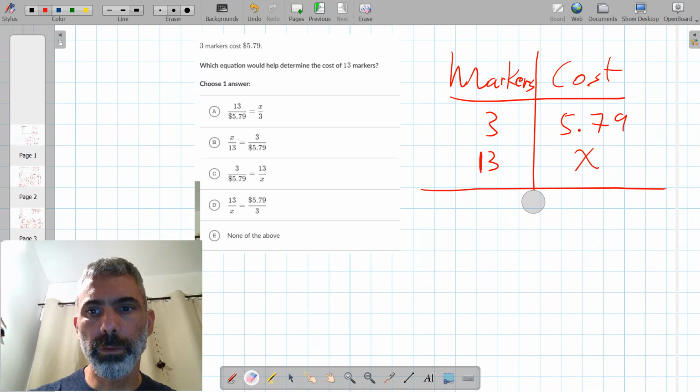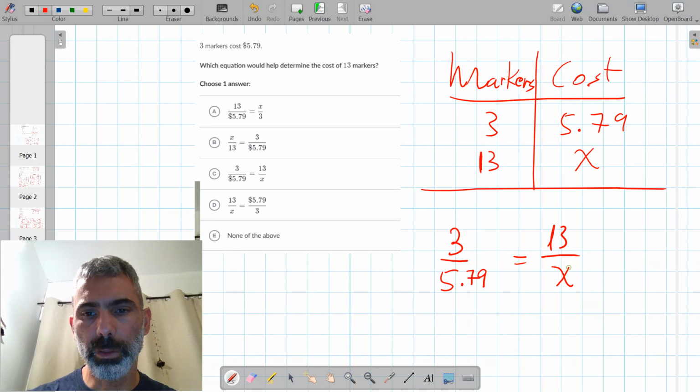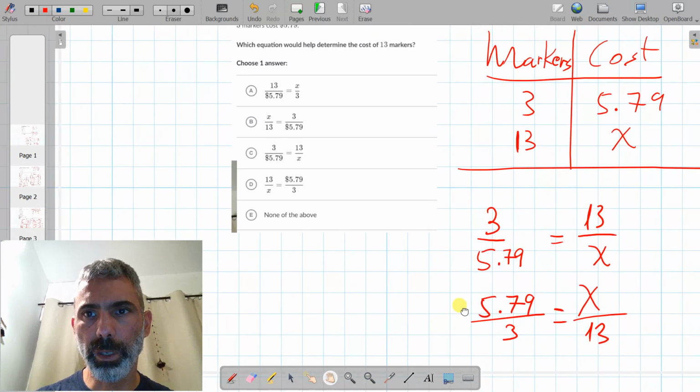Okay, so the valid options to represent this relationship are 3 over 5.79 equals 13 over x, or the other way around, 5.79 over 3 equals x over 13, the cost of 3 divided by the number of markers and the cost of 13 divided by the number of markers. So these are 2 options that are valid.